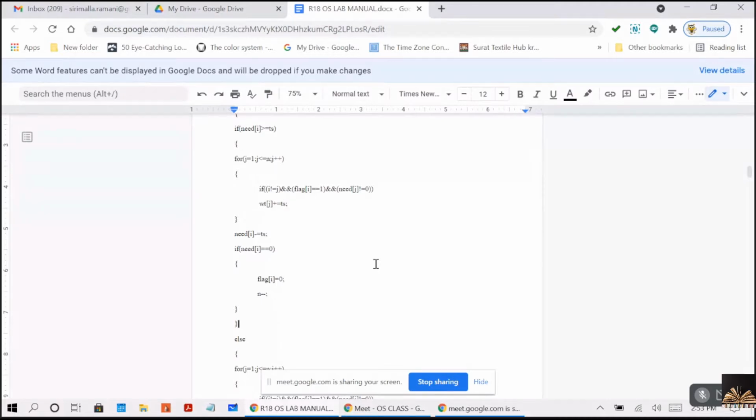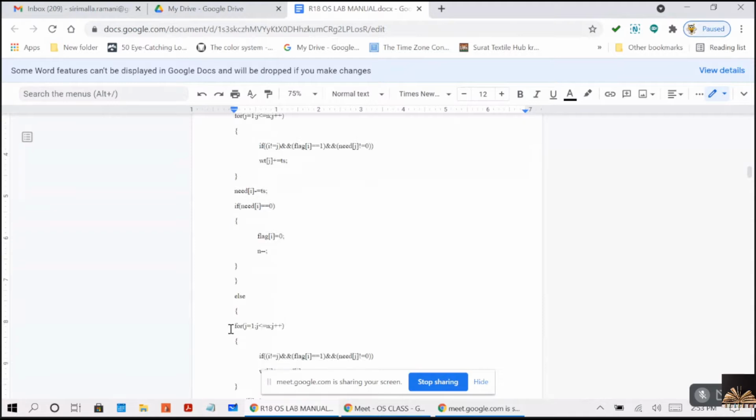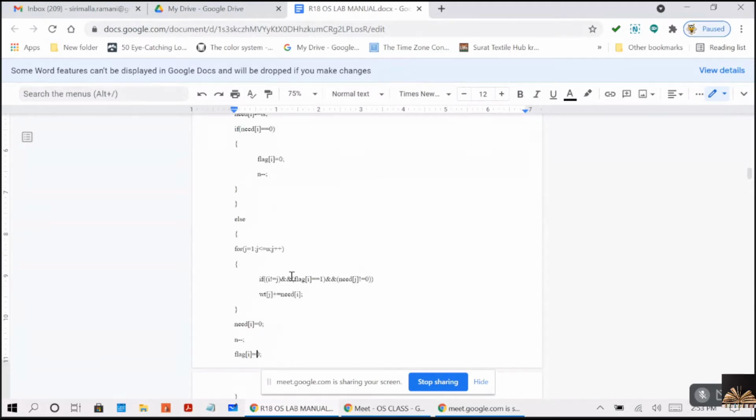Else, if this condition is not satisfied, else for j equal to 1, j less than or equal to n, j plus plus. For I, here also the same condition: flag of I is equal to 1 and need of j not equal to 0, right? Waiting time of j is equal to waiting time of j plus need of I. What is the remaining time for the first job, the need of I?